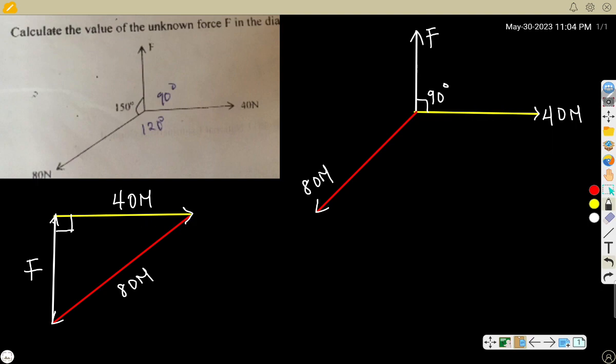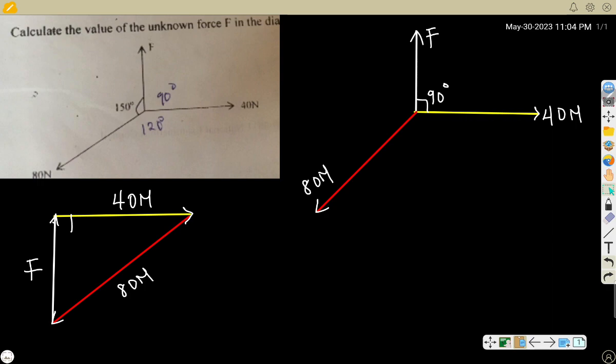So this is now a right angle triangle, because as you move this force F downward, you will have a right angle triangle here. So we now move this red also to close it, so to form the triangle. So that's what you see in the diagram.